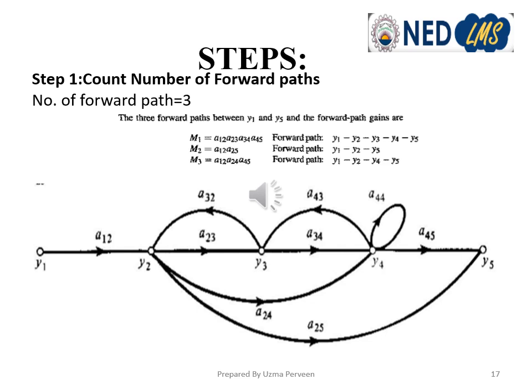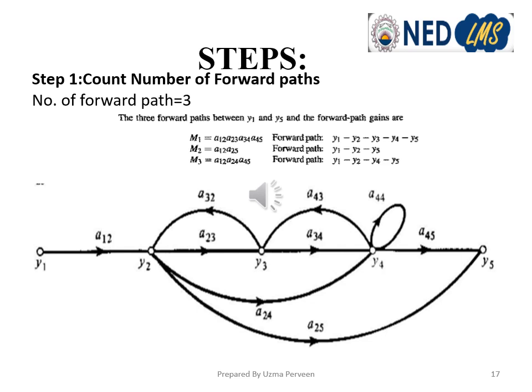So it is a straight line from y1 to y5, and we know that the forward path gain is equal to the product of the branch gains. All these 4 branches have associated branch gains, so for the first forward path gain, we multiply the branch gains of all these 4 branches.